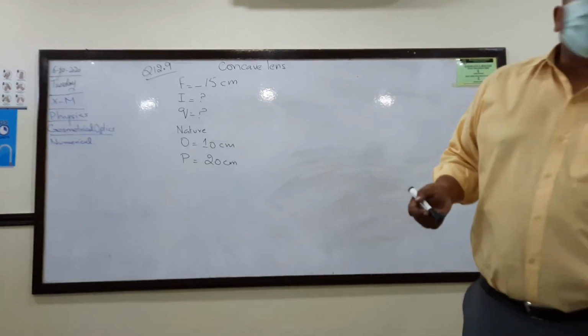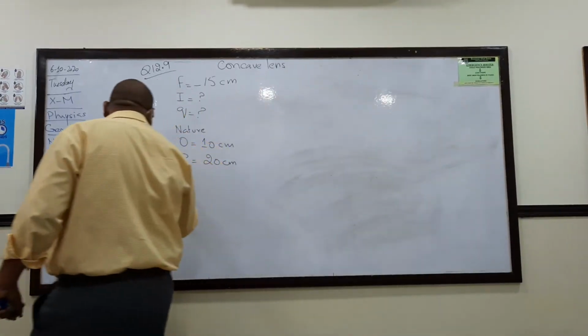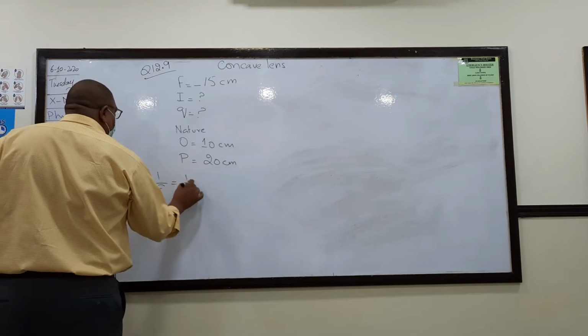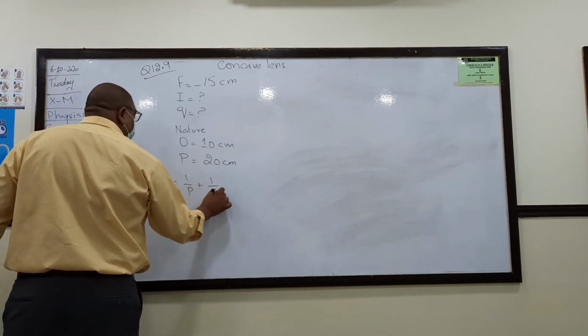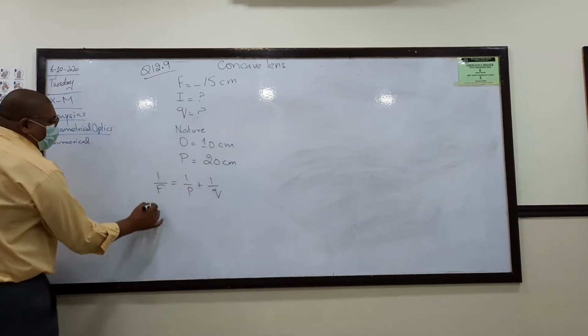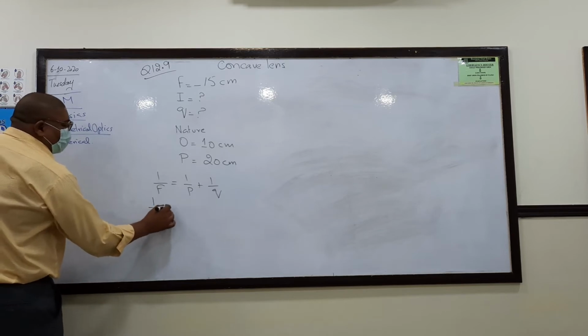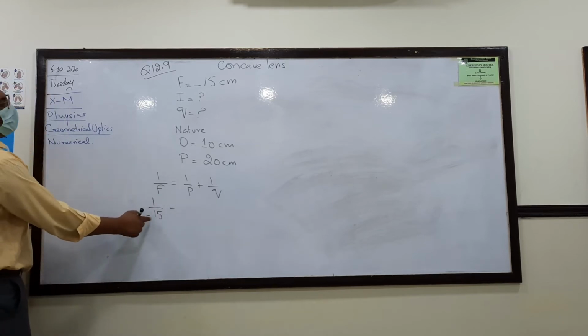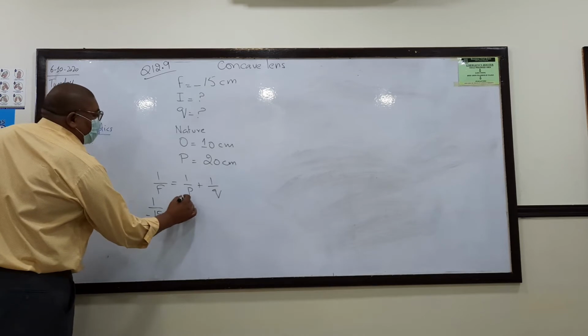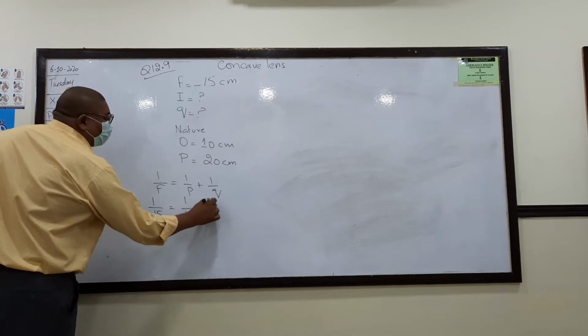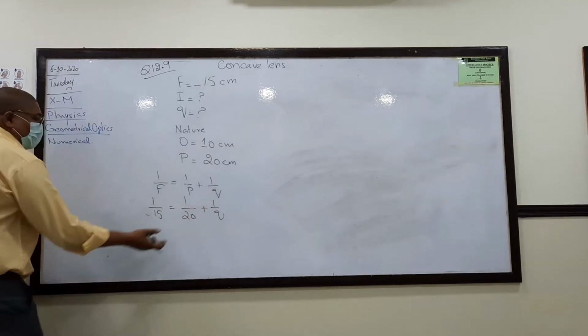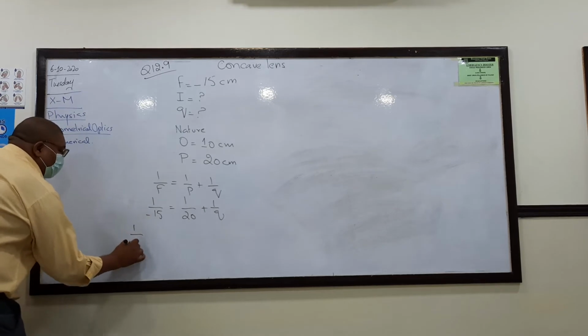The lens equation is 1 by f equals 1 by p plus 1 by q. The value of 1 by f is 1 by minus 15, and the p value is 1 by 20 plus 1 by q. So bring this 1 by 20 to this side.